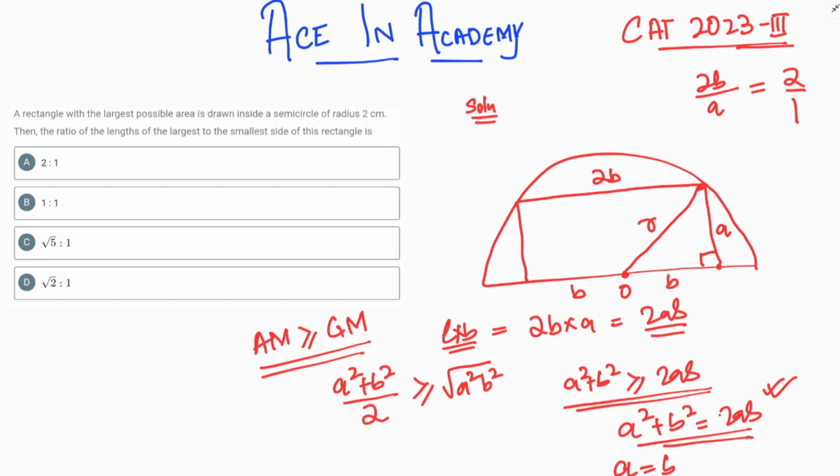Now it only happens when a is equal to b. Now we have to find the ratio of the lengths of the largest to the smallest side. So that was 2b by a. So that is equal to 2 by 1, as b and a are similar. So 2 by 1 is our answer, that is option number A.